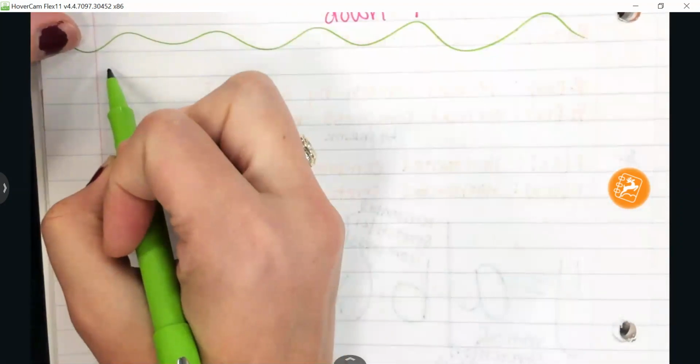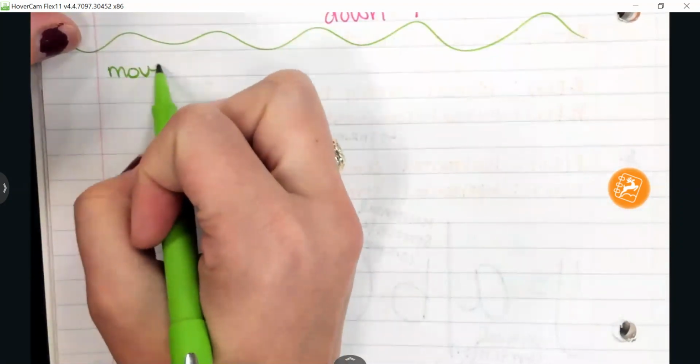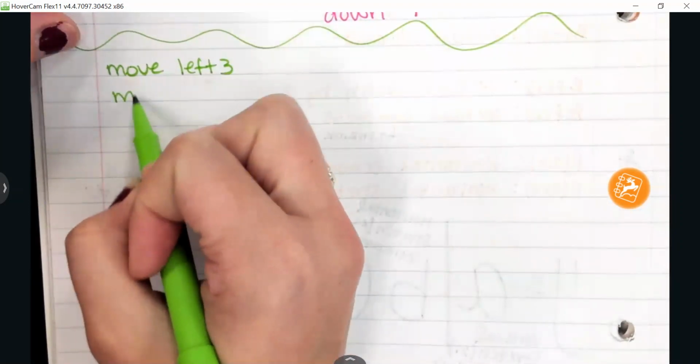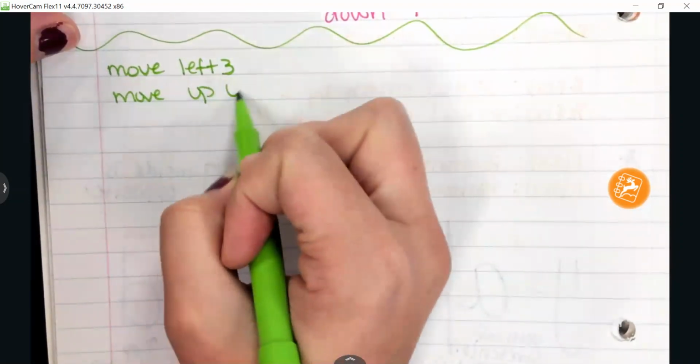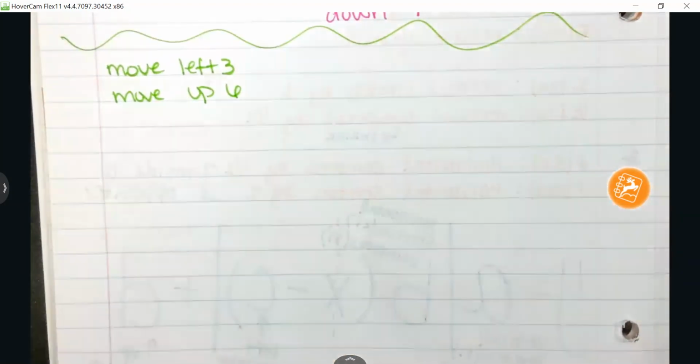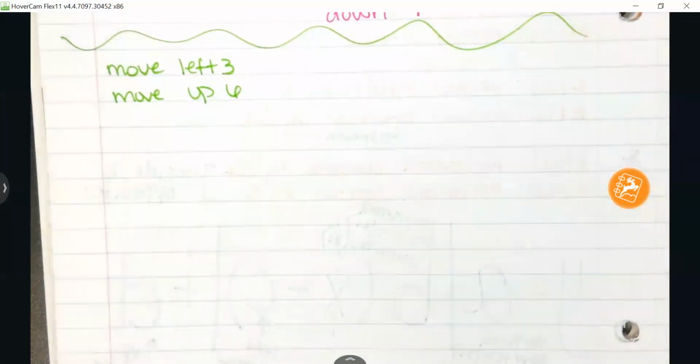If I say that I have a function that moves left 3 and moves up 6, I want you to write the equation. If you write a skeleton equation, that means the bare bones of an absolute value equation, and we put things where they go, it makes it easier.